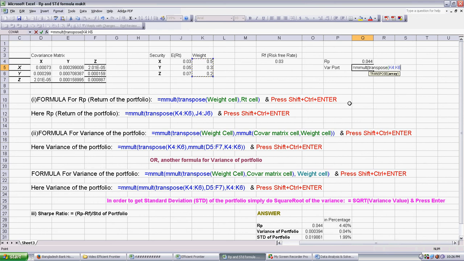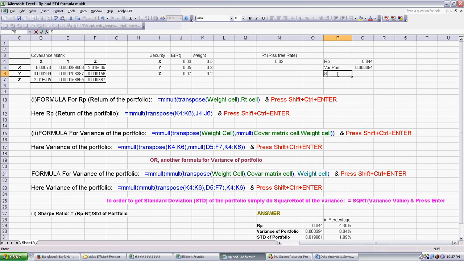Okay, then closing of the first bracket, semicolon, again MMULT, matrix multiplication, then first bracket, then we put the covariance matrix cells, so this one, our covariance matrix, and then semicolon, then the weight cells, again this one, and then close the bracket and press shift control enter. Okay, we got the variance of the portfolio.